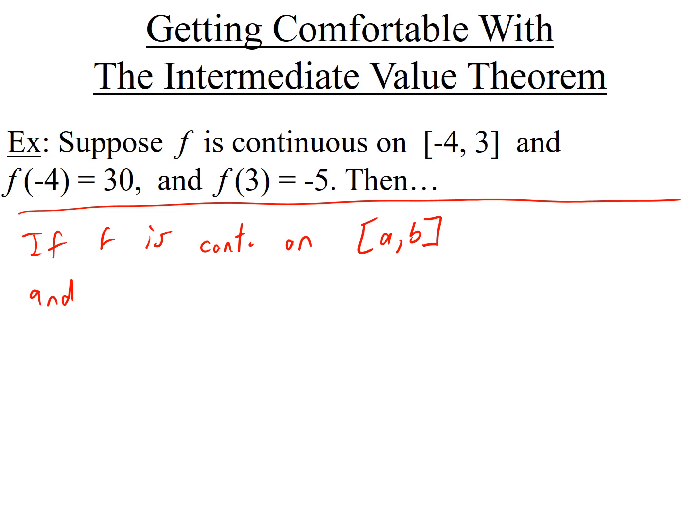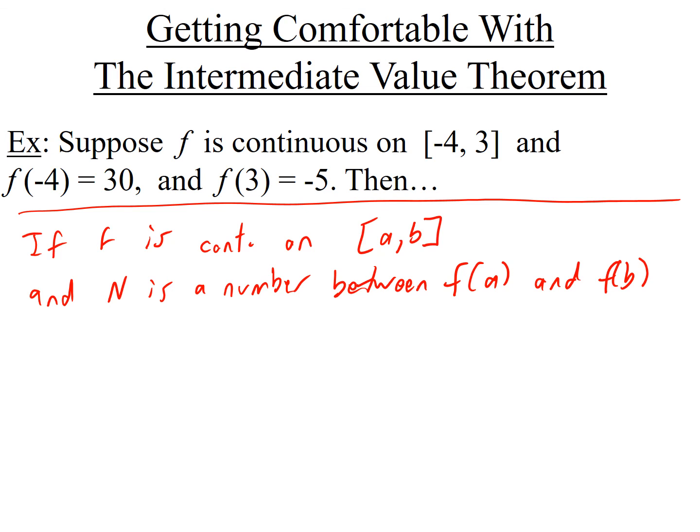So you can say, and n is a number between the outputs f of A and f of B, comma. Then, now we'll write the conclusion. The conclusion is there's a number, we're thinking about the input, so then there is a number.